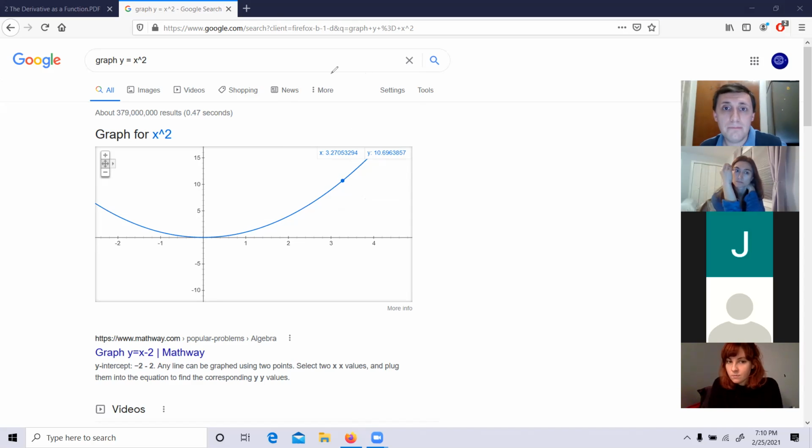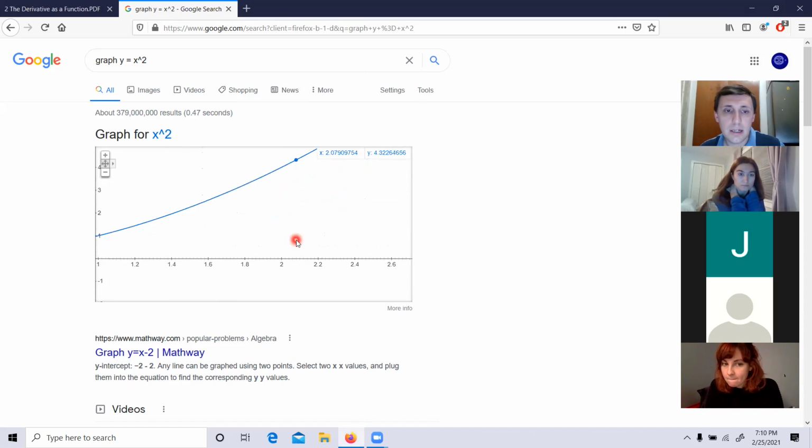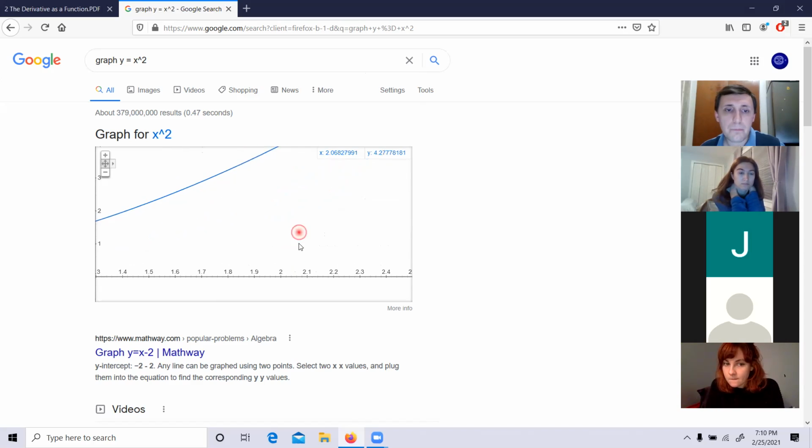Now, what happens if I zoom in? If I zoom in, I stop seeing points x that are far away from 2. Look at it. And I begin seeing points of x that are very close to 2.